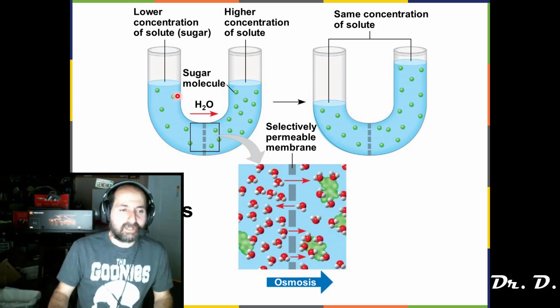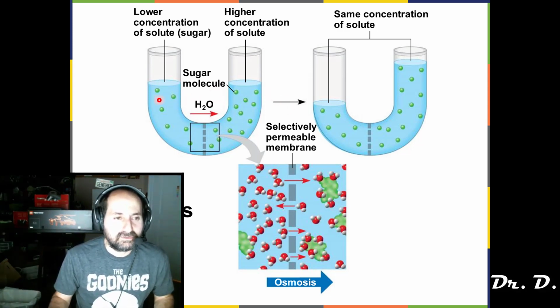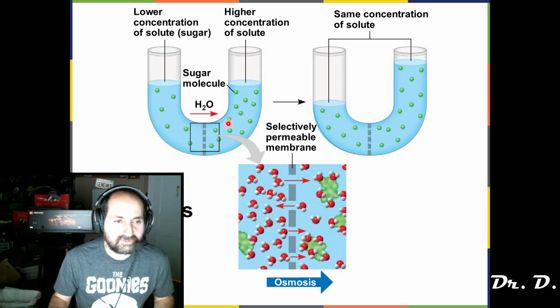All right, let's try to figure out what's going to cross where. So if the sugar could cross, first of all, let's ask this. If the sugar could cross the membrane, which we know it can't, which way do you think the sugar would go? From left to right? Or do you think the sugar would cross from right to left?